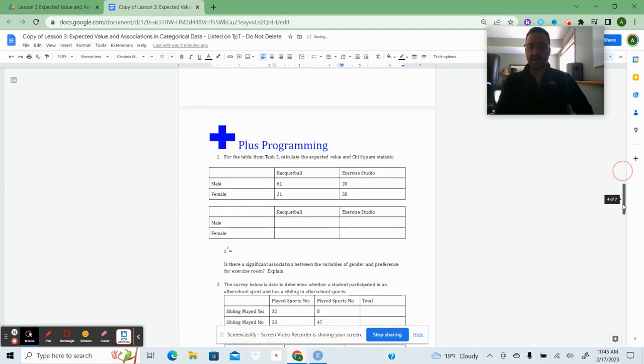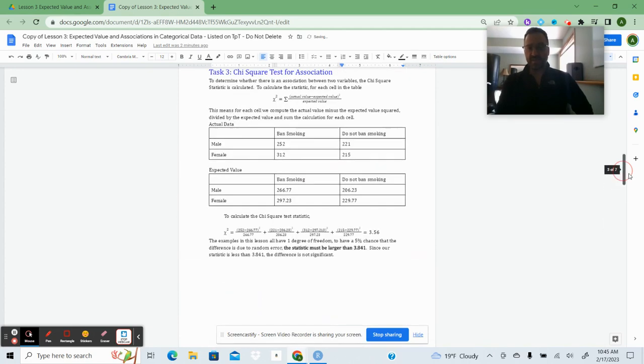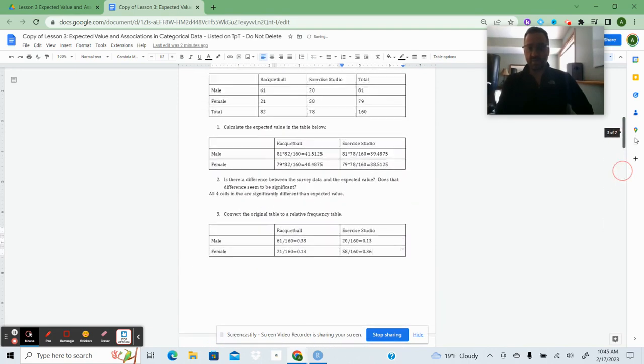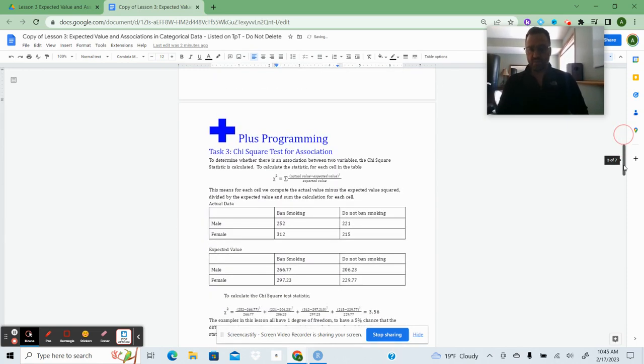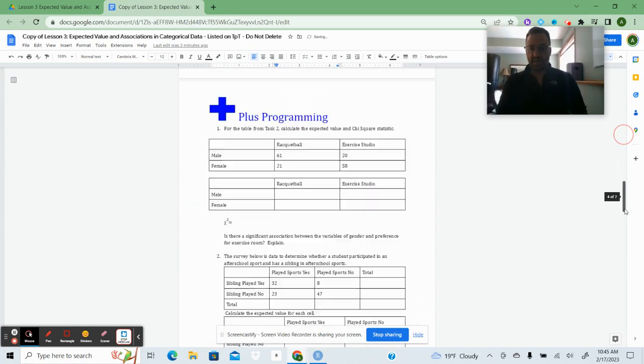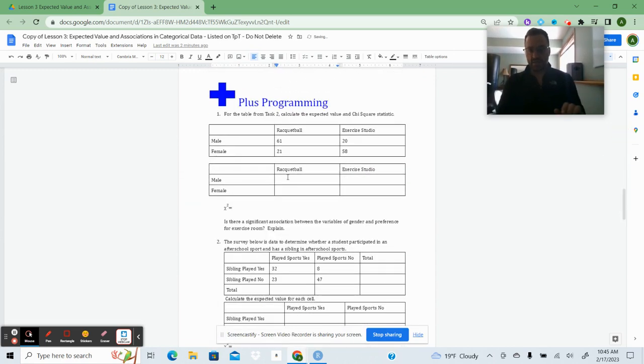So here for our exercise, remember we had these numbers right here. I'm just going to copy them and paste them here. And then we're going to practice calculating the statistic.